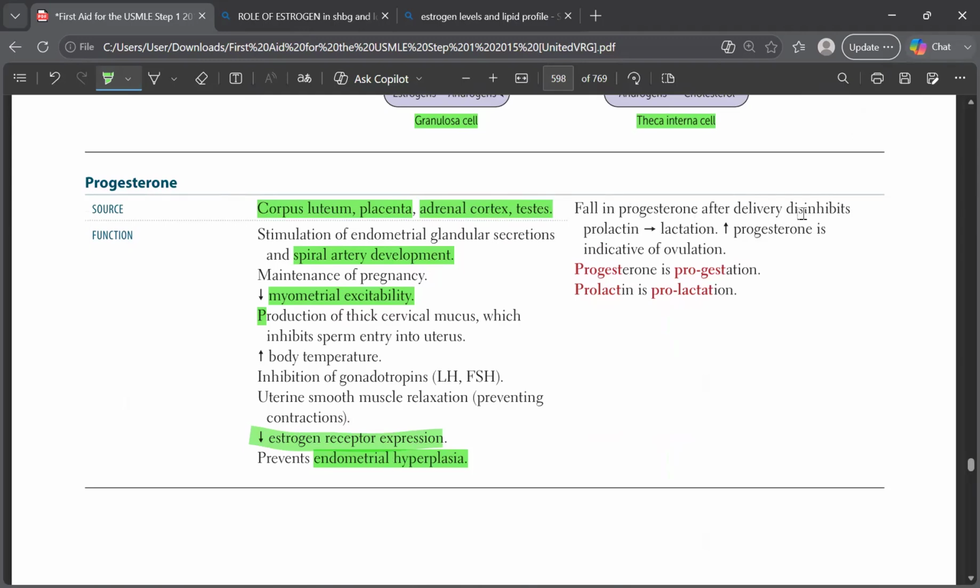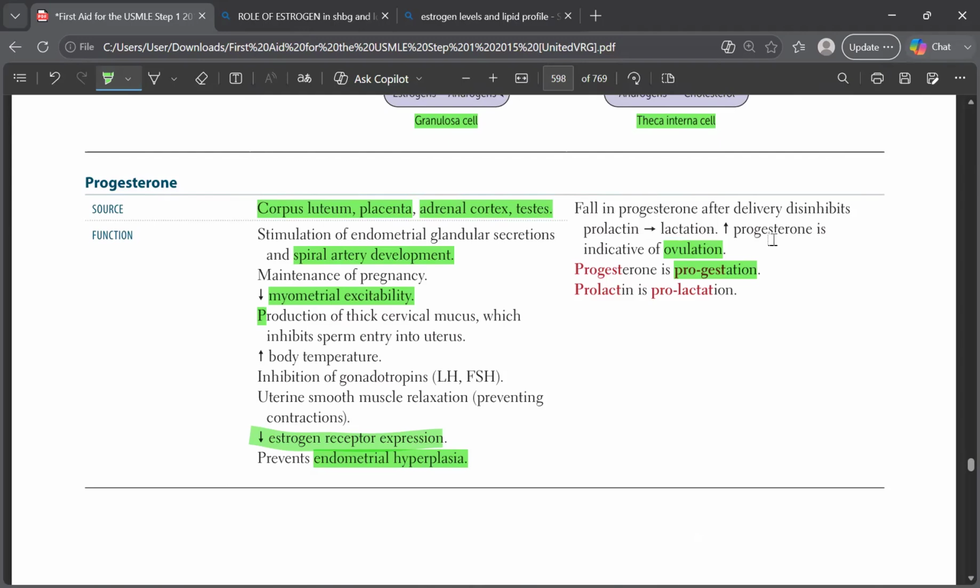Fall in progesterone after delivery disinhibits prolactin, and this causes lactation. Increase in progesterone is indicative of ovulation. Progesterone is progestation and prolactin is prolactation. So when there's a decrease in progesterone after delivery of the baby, it removes the inhibitory effect on prolactin, which means that a decrease in progesterone level increases the prolactin level, and this causes lactation.